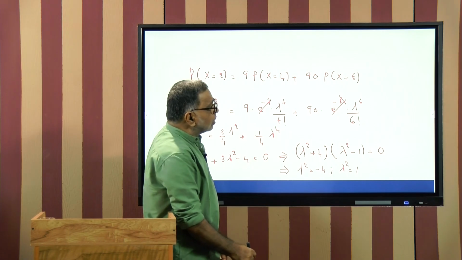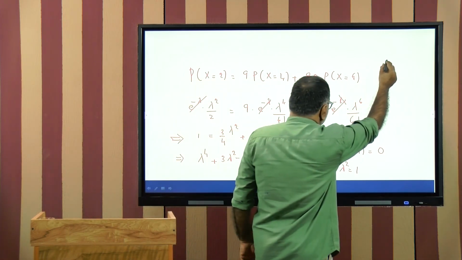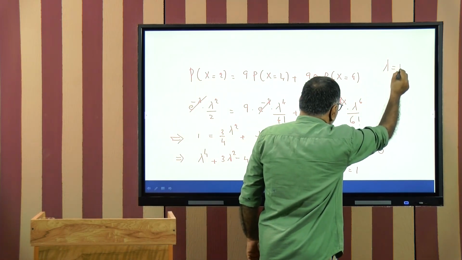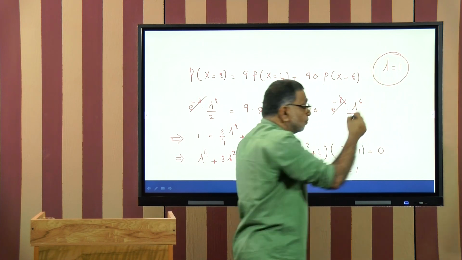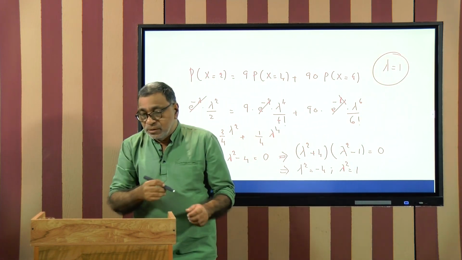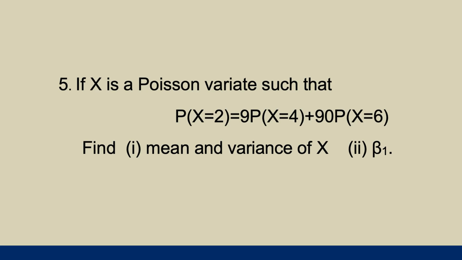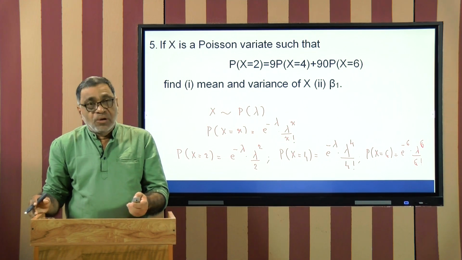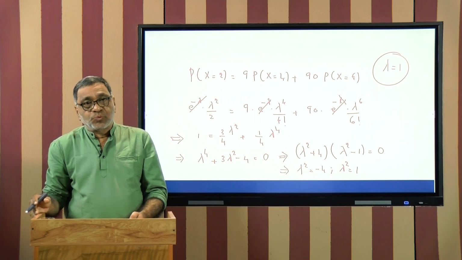So, the only admissible value of lambda is 1. So, if the equation is given, that is 9 into the probability of x equal to 4 plus 90 into the probability of x equal to 6, you have the value of lambda as 1.